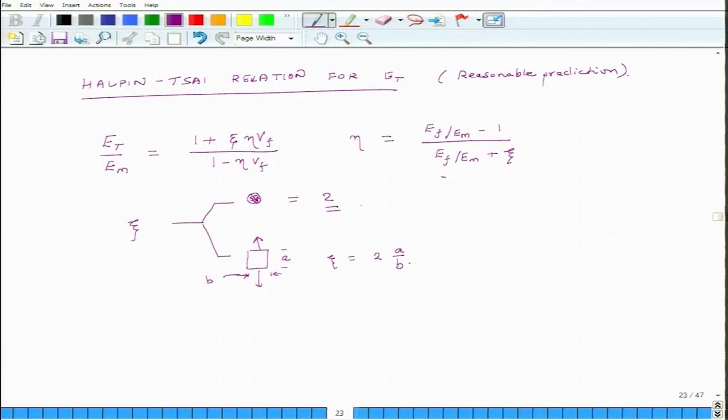From this you can compute eta. From eta you plug it in this relation and you can find ET, which is the transverse modulus, and this relation gives you a fairly good estimate of transverse modulus of composites, unidirectional composites, and that is pretty much what I wanted to cover for today.